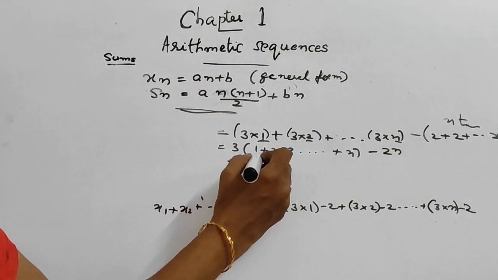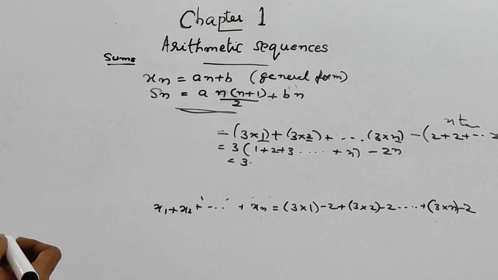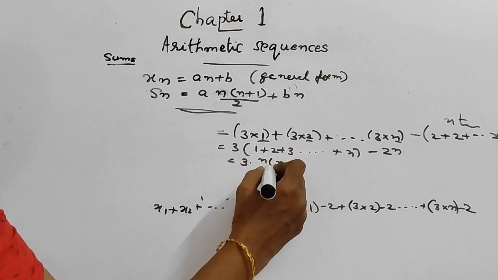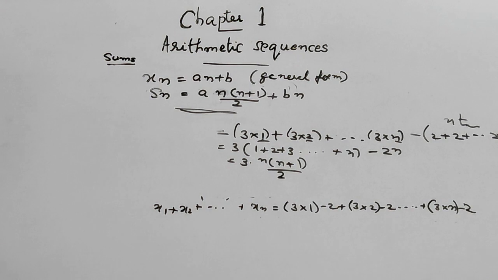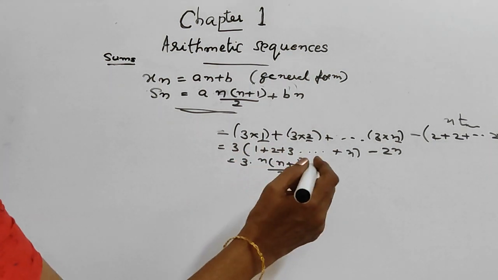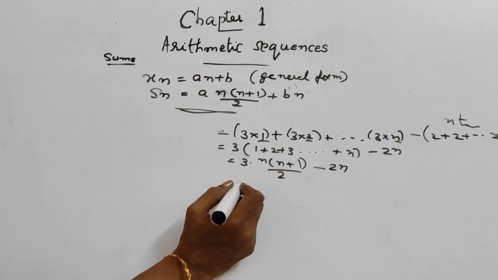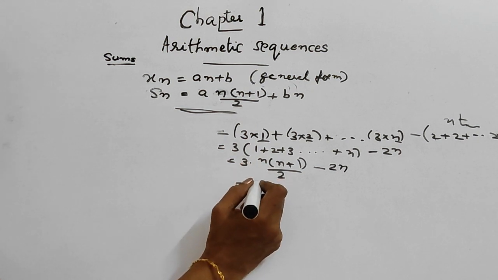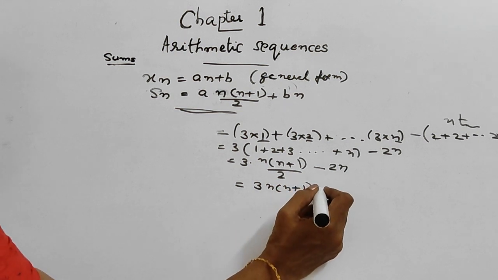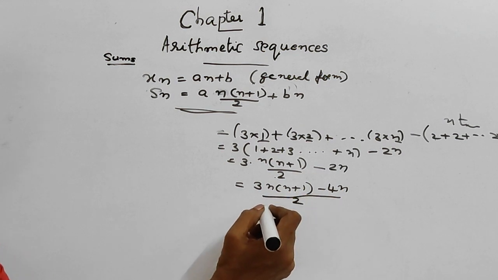Equals 3 into this. We know the sum of first n natural numbers is n into n plus 1 by 2, minus this 2n. See, we can simplify further: 3n into n plus 1 minus 2 into 2, 4n, whole by 2.